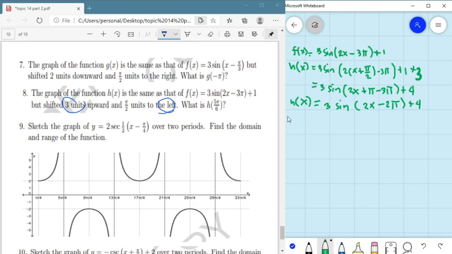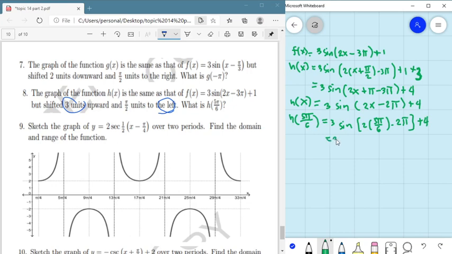So after that, we are now to solve what is the value of h of 5 pi over 6. And this will be equal to 3 sine of 2 quantity 5 pi over 6 minus 2 pi plus 4.